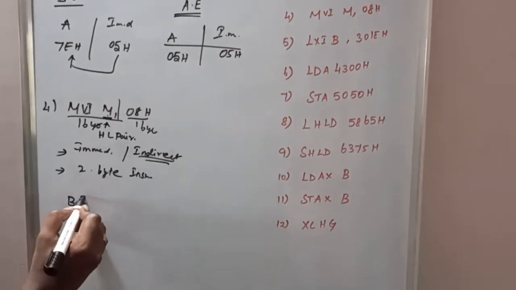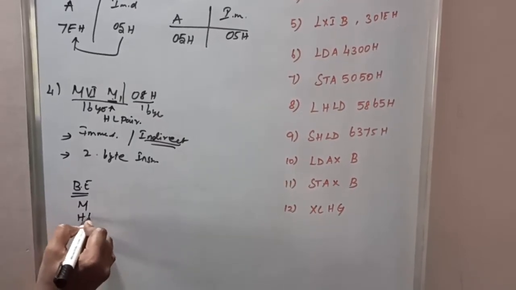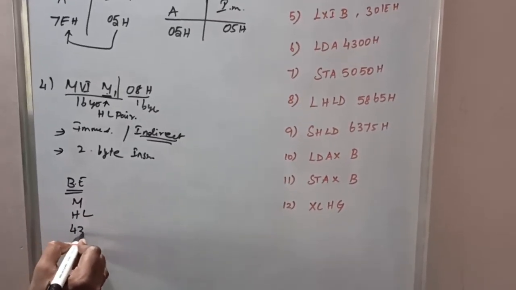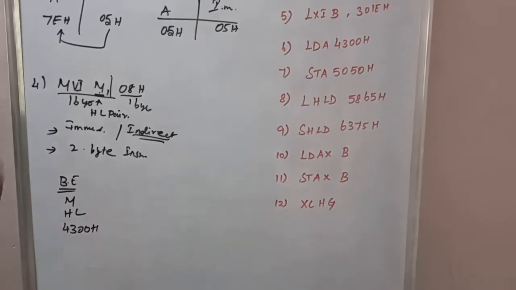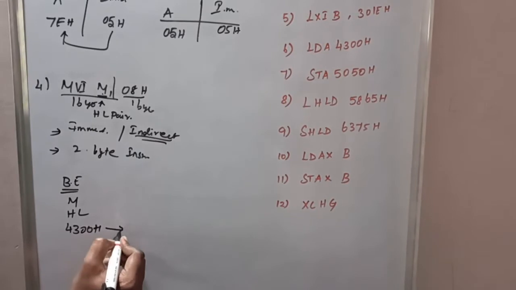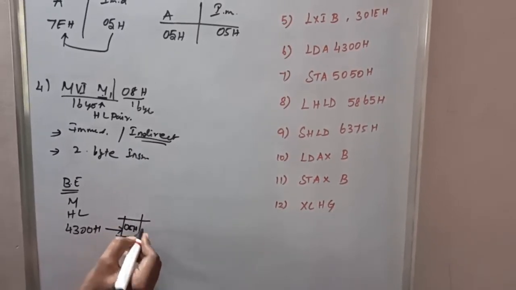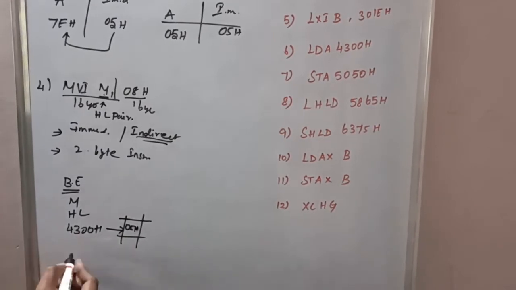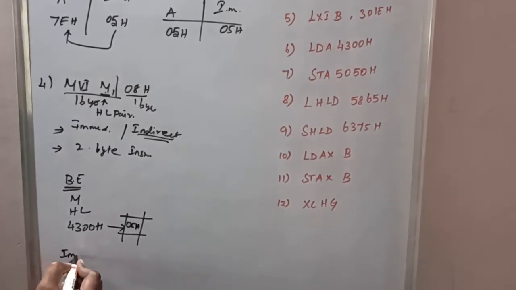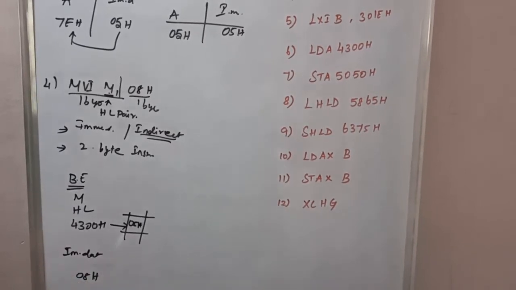Before execution of this instruction, the HL pair register holds a memory location. In this memory location, some 8-bit content, 05H, is stored. The immediate data is 08H.